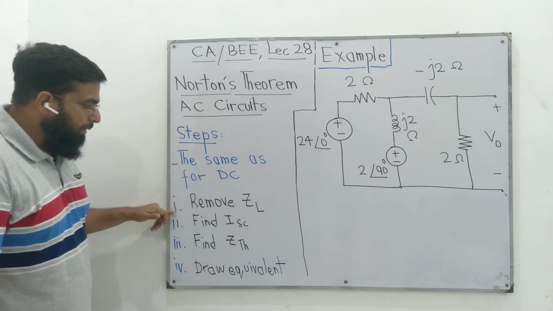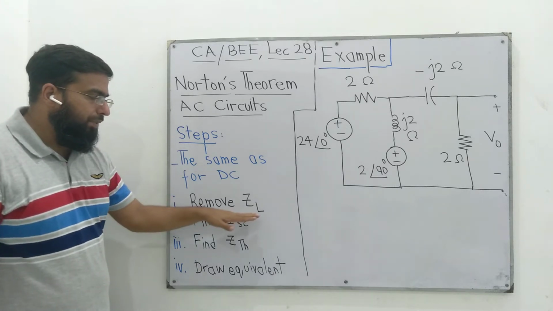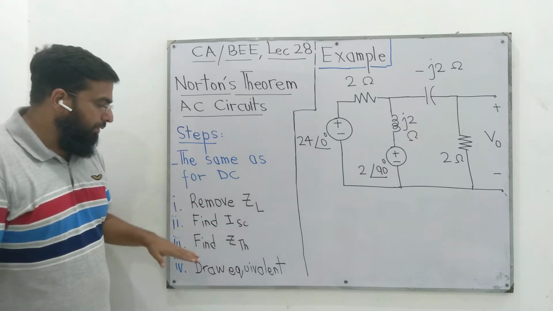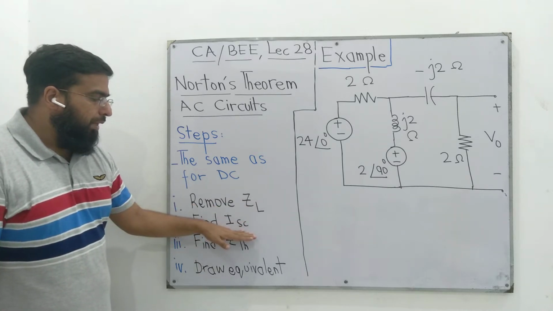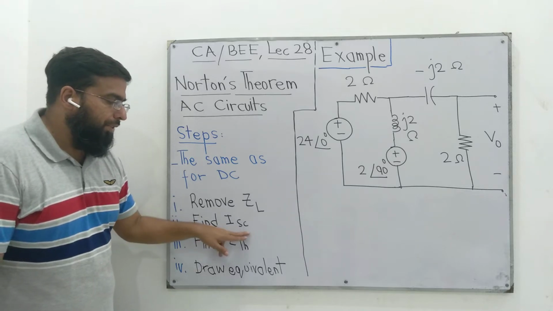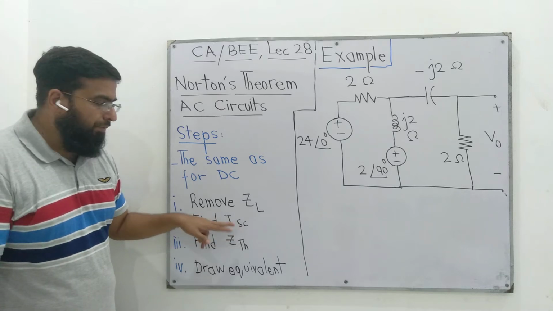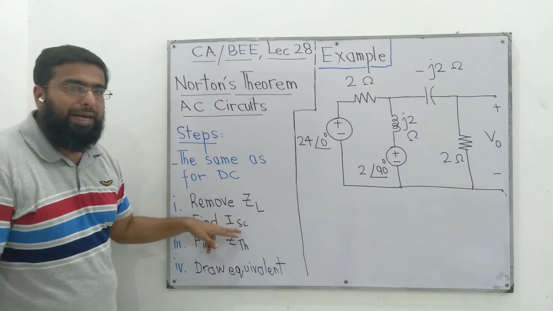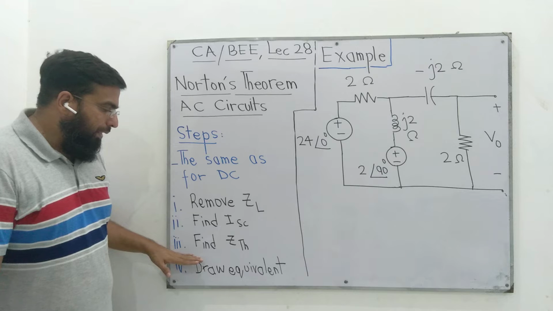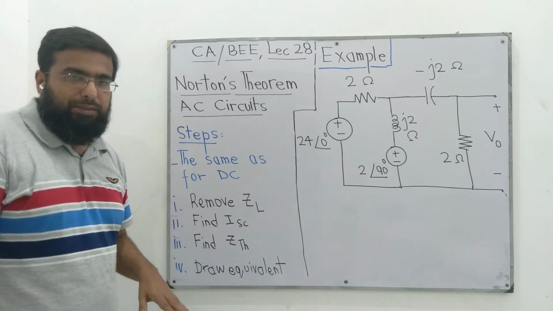The first step is the same as it is for Thevenin's theorem. We'll remove the load resistor, then we'll find ISC. ISC is I short circuit. We'll replace ZL with a short circuit and we'll find the current flowing through that path. And then we'll replace sources with their equivalent impedances.